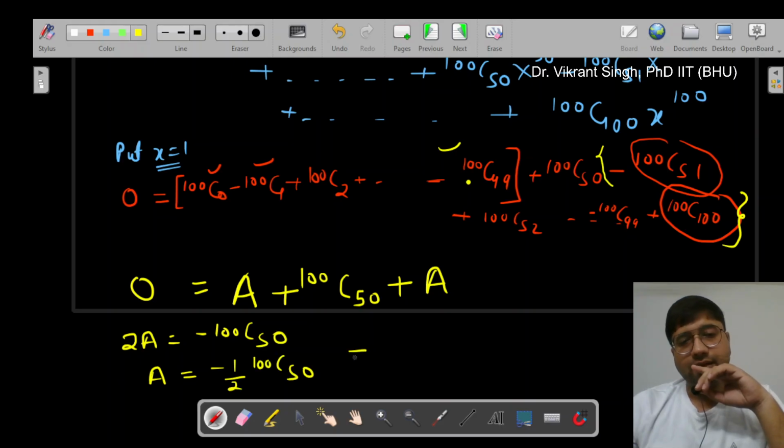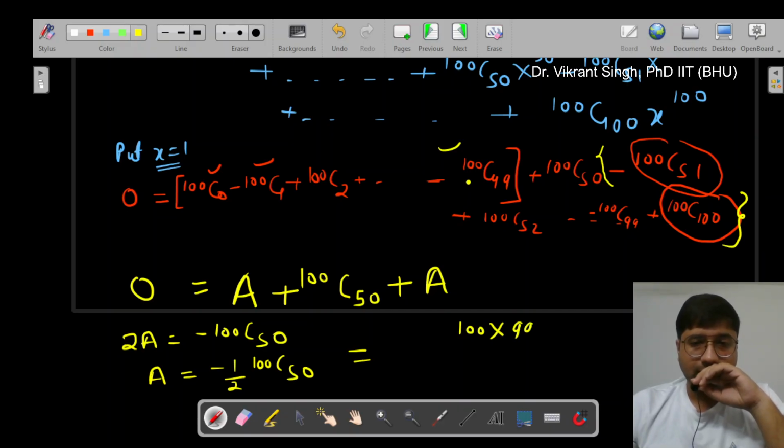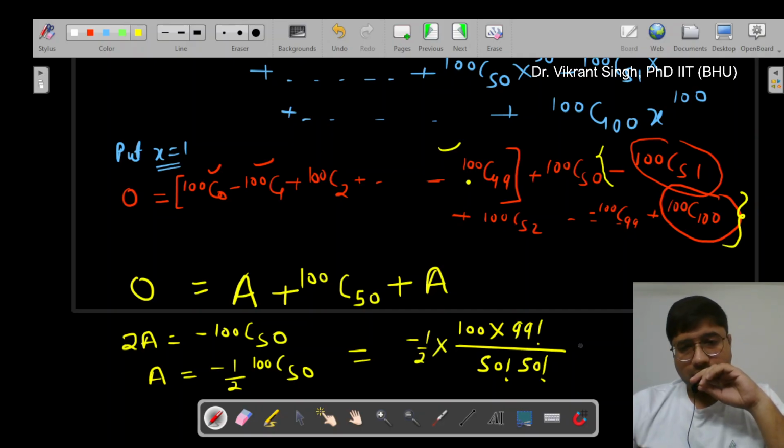Now we have to simplify this. Now 100 factorial, you can write this like 100 into 99 factorial upon 50 factorial upon 50 factorial, minus 1 by 2, right?